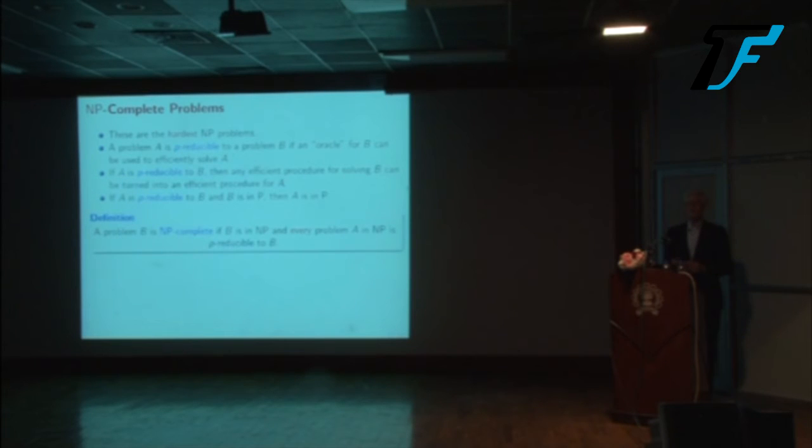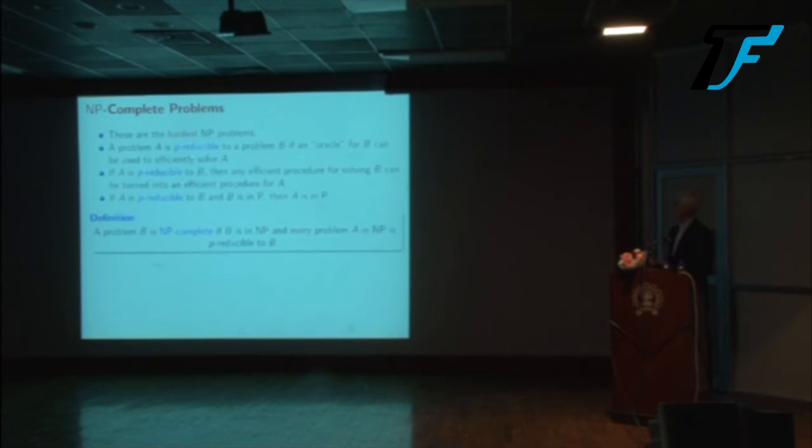So then, how do we identify the NP problems that are hard? The answer is that we have a notion: the NP complete problems are the hard ones. And how do we define an NP complete problem? Well, we have the notion of reducibility. A is P reducible to B, and of course P stands for polynomial.